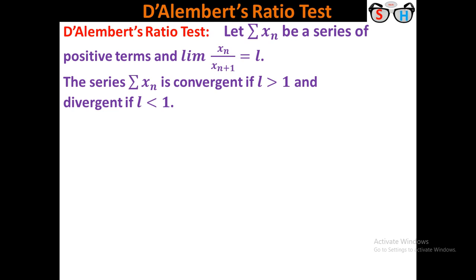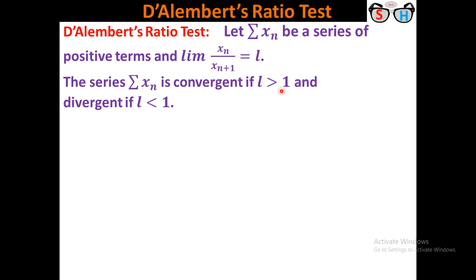As a result, xn by xn+1 must be greater than 1. Since xn is greater than xn+1, xn upon xn+1 is greater than 1 for a convergent series. As a result, since xn by xn+1 is greater than 1, the limit may be greater than or equal to 1. So here it is convergent if L is greater than 1.